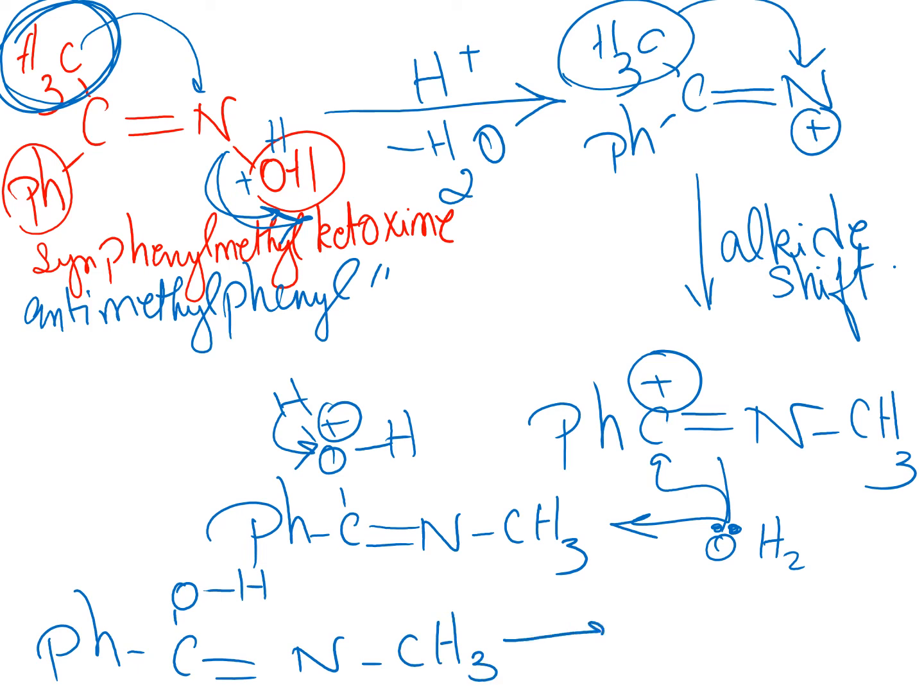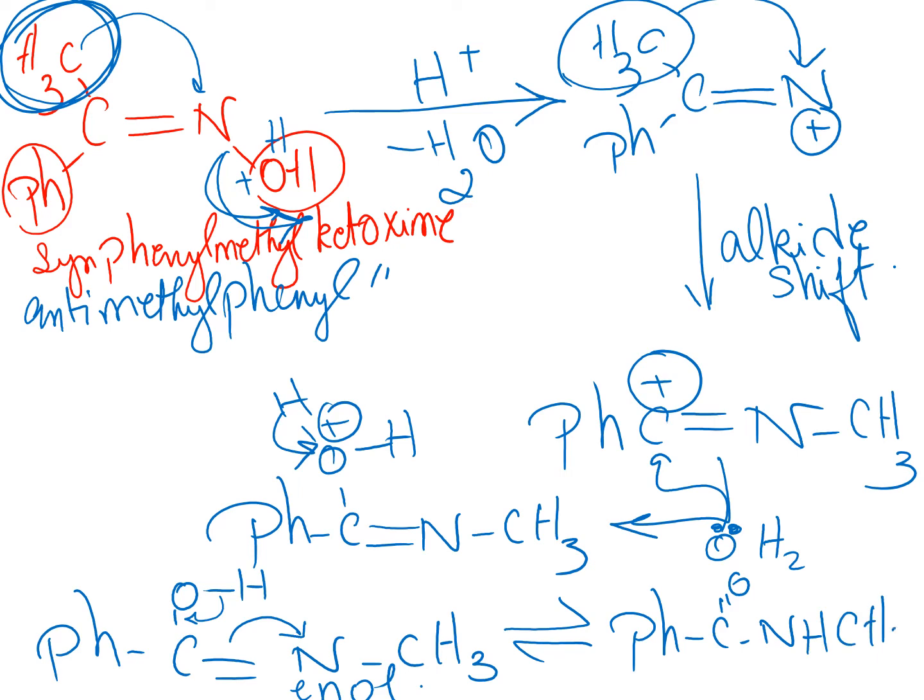And what you have now is what we call an enol form. What is an enol form? A double bond attached to an atom which is carrying an OH. This is the en and this is the ol. And as we all know, enol forms are unstable. They perform an equilibrium to give the ketonic compound. So what you actually end up with is an amide. Okay, so this is Beckmann rearrangement.